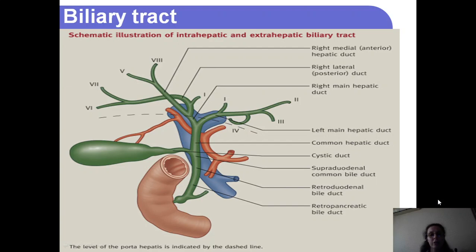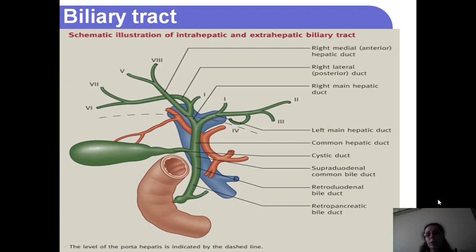And biliary tract. The biliary tract actually consists of the system of bile ducts, sphincters, which regulate the passage of bile through these ducts, and the gallbladder, like a huge and very important collector of bile.